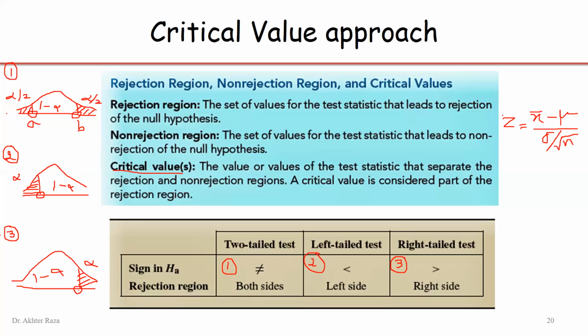If the value of the Z statistic is above B, that is, more than B, we will reject the null hypothesis, or we will use the term: data provides sufficient evidence in support of the alternate hypothesis. In this case, we will say the mean is above the value described in the null hypothesis, which is mu naught.